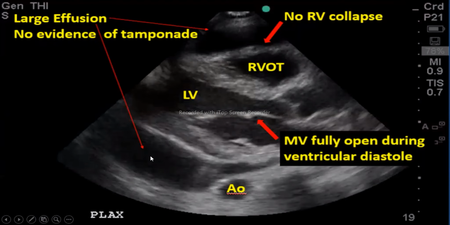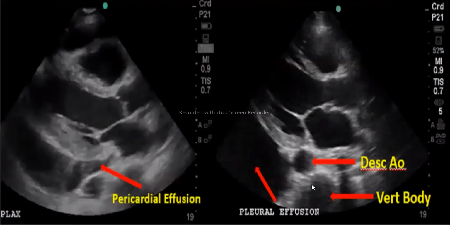So between the membrane and the heart, it's pericardial effusion or tamponade. And this one also, so this is the heart, and this fluid between the heart and the membrane.